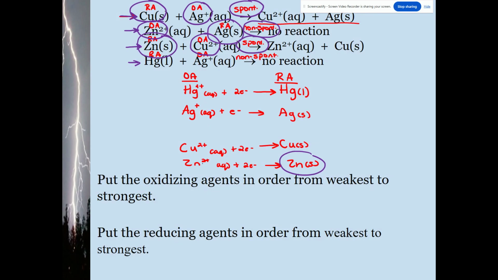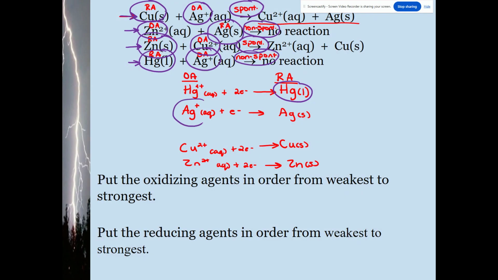The copper ion, OA, has to be higher, because copper ions with zinc solid are spontaneous. So the copper ions have to be higher than the zinc metal. And then lastly, mercury as my RA is non-spontaneous with silver as my OA.